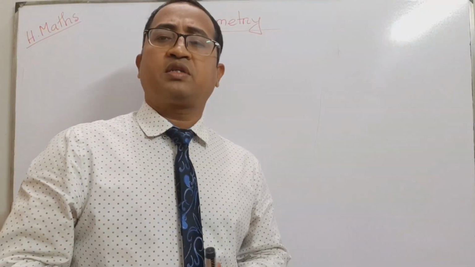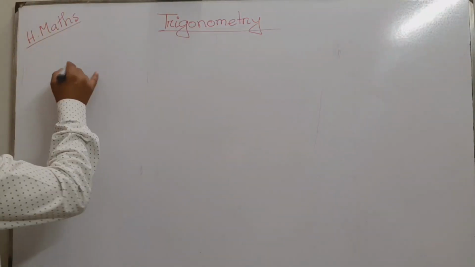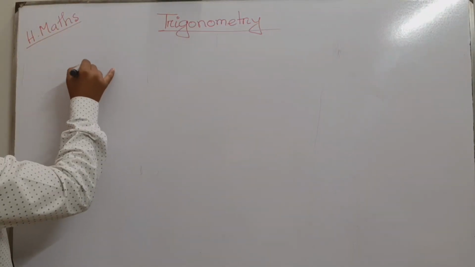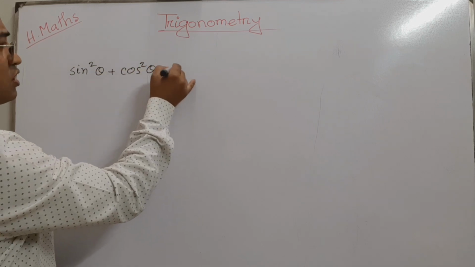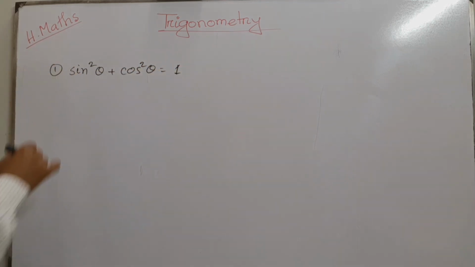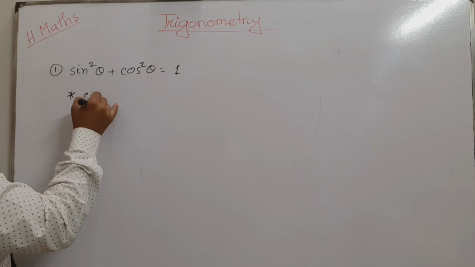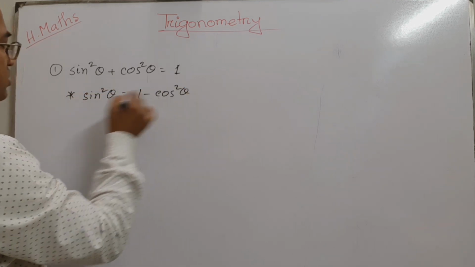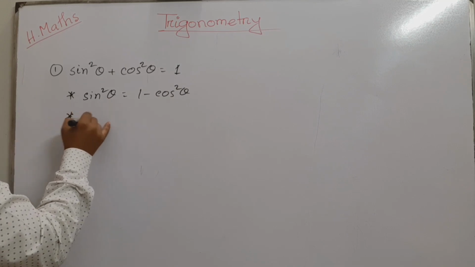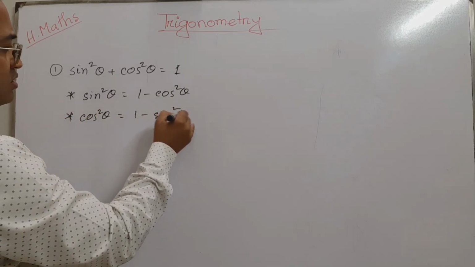Now I will discuss some identities of this exercise, that is sin square theta plus cos square theta equal to 1. This is the first identity of this exercise. From this identity we can write sin square theta equal to 1 minus cos square theta, and cos square theta equal to 1 minus sin square theta.